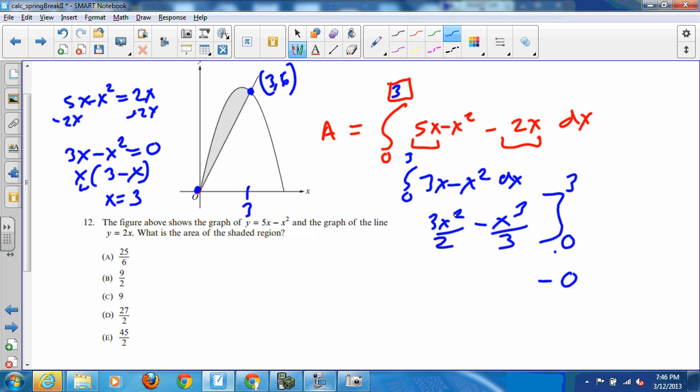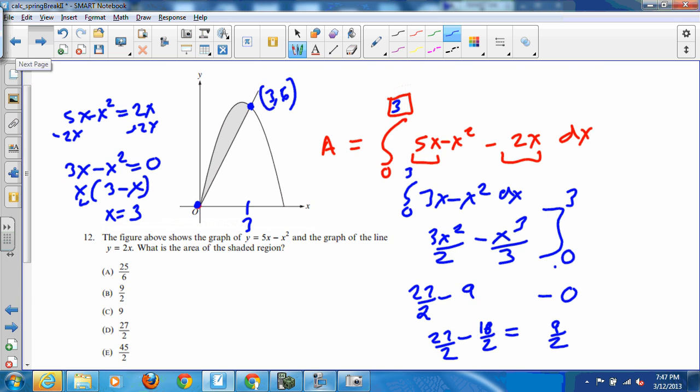Plugging in 3, we get 9 times 3, we get 27 halves. And 3 cubed is 27, 27 divided by 3 is 9. Common denominator would be 2, so you get 18 over 2. And that equals 9 halves. Okay.